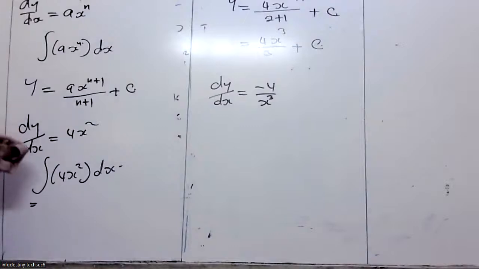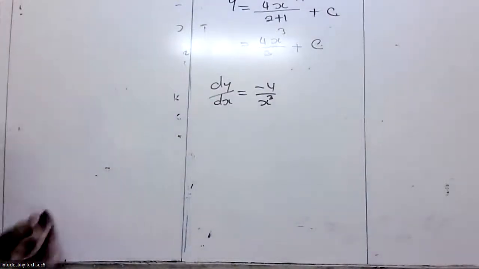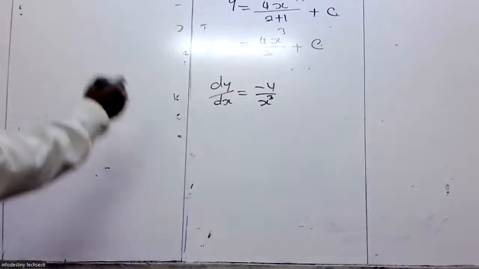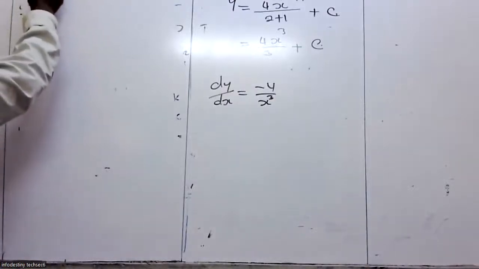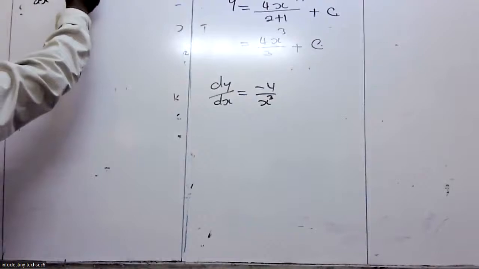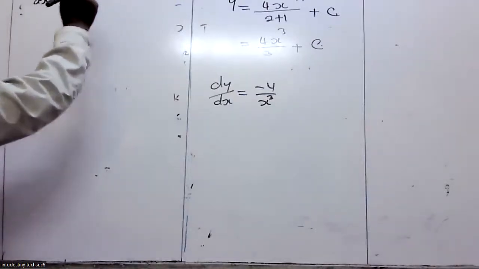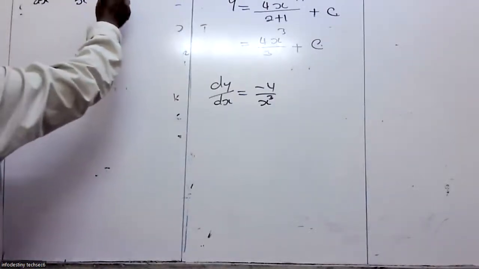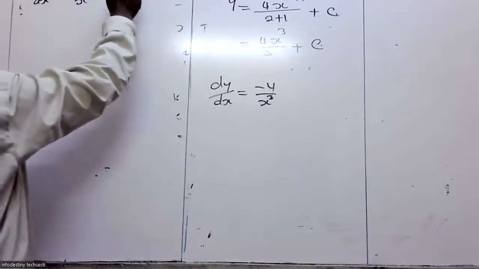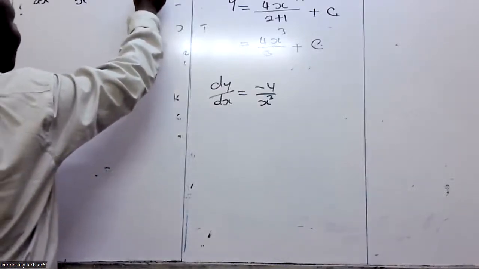What is the question? This one. So you are given dy over dx equals -4 over x, so this is the same as -4 x raised to -3.